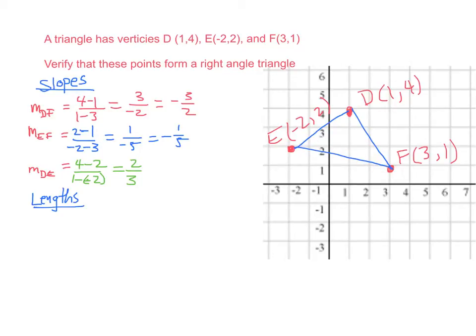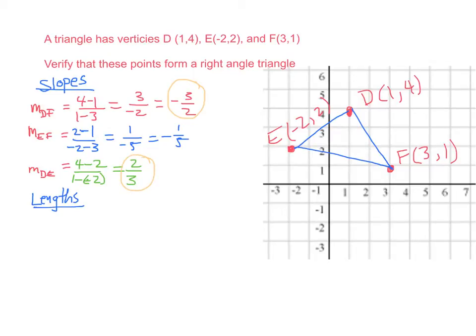So EF I got 1 over 5, which was this one right here. And then finally I did the slope of DE, and I got the slope of 2 over 3. And if you notice that two of the slopes are negative reciprocals, and that is negative 3 over 2 and 2 over 3.